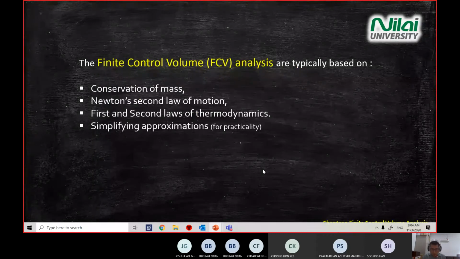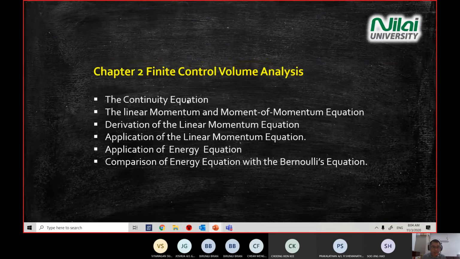Now, if you look at your tutorial questions 25, 26, 27, 28, 29, and 30, these are the tutorial questions included in the linear momentum equation.